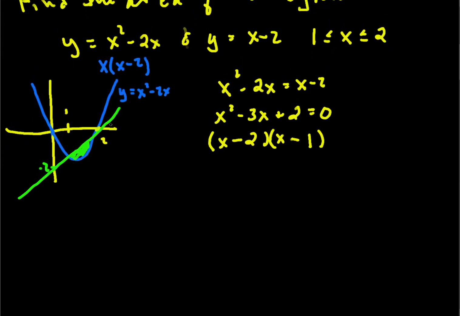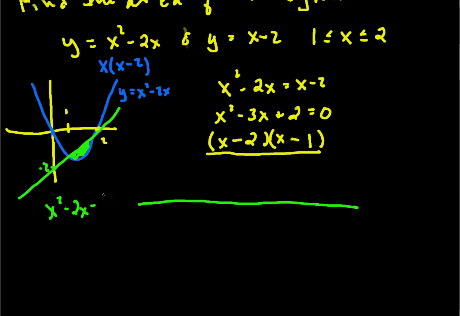Like before, I want to know the signs of this equation, so I make my sign graph. This is the sign graph for x squared minus 2x minus the quantity x minus 2. We know that it changes signs at 1 and at 2.